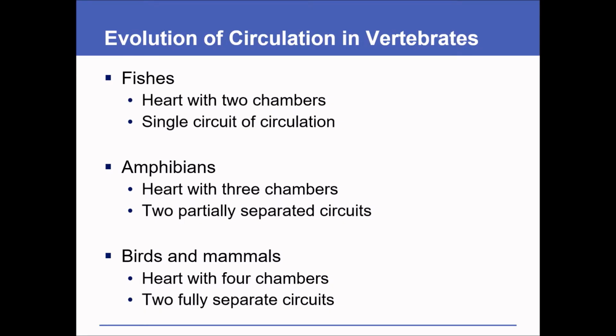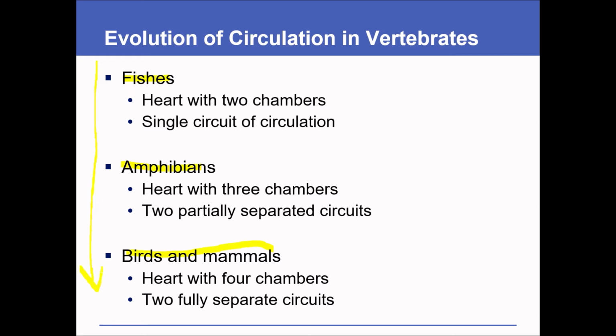Then in section 2, today we need to understand how the circulatory system works in fishes, amphibians, birds and mammals. Remember, guys, that this is like a line of evolution.